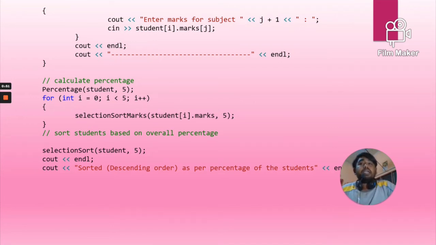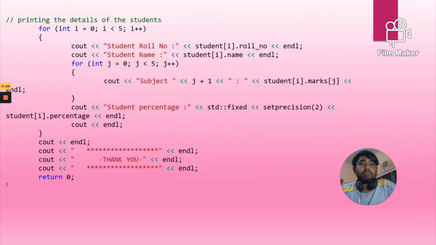After that we calculate the percentage for the 5 students. After calculating the percentage, we sort the students based on the overall percentage. So we sort the students in descending order based on percentage. Then we print out the details of the students.